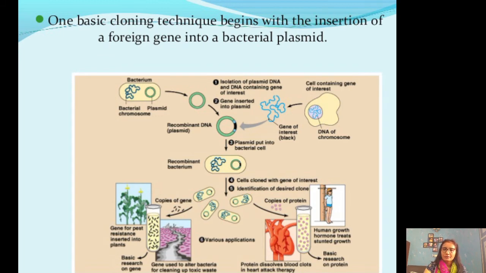First we identify any cell or tissue from which we can isolate the DNA. Then we take out the gene from the cell. Then we mix the isolated DNA containing the gene of interest with the plasmids.